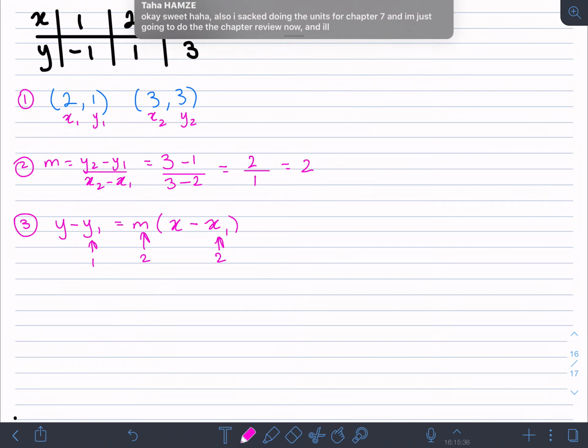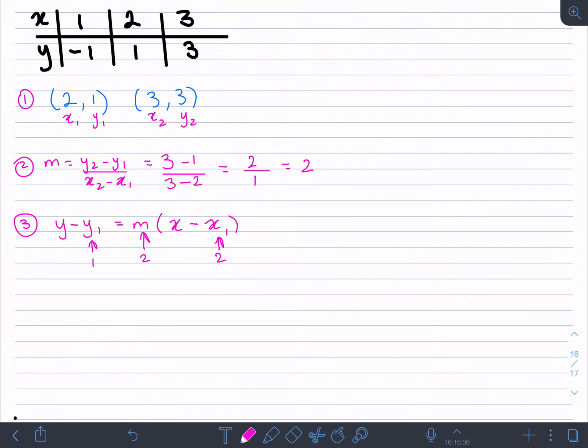So now I just rewrite this and substitute these in. I have y minus 1 equals 2(x minus 2). I expand the brackets, so this becomes y minus 1 equals 2x minus 4.